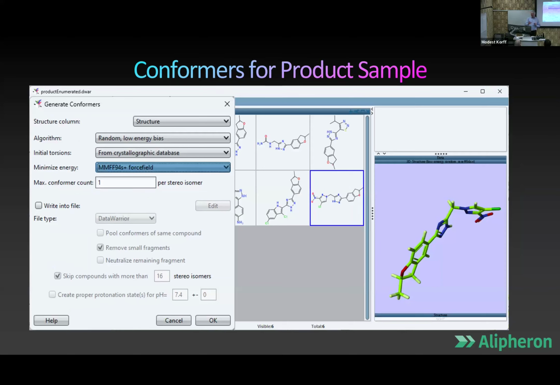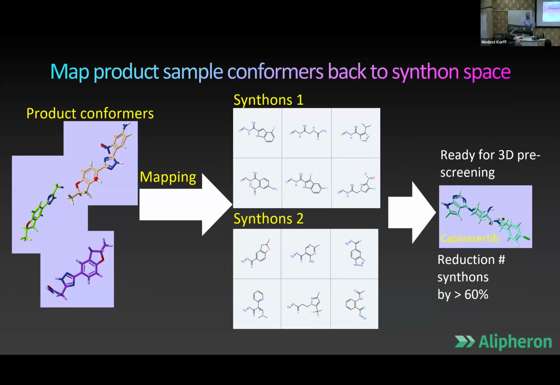Here I show that you can also do this in DataWarrior, and we are using the same algorithm. You see it on the right side, we have the conformer for one sample. And in fact, we calculate, of course, multiple conformers, and we do it for a lot of samples. So at the end, we have the product conformers.